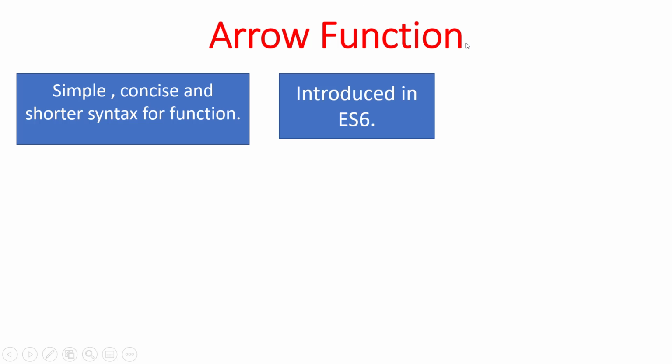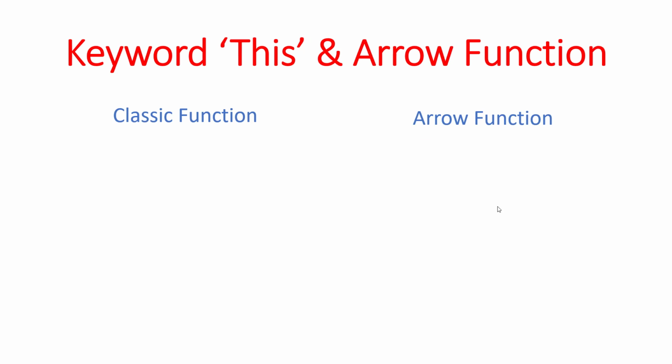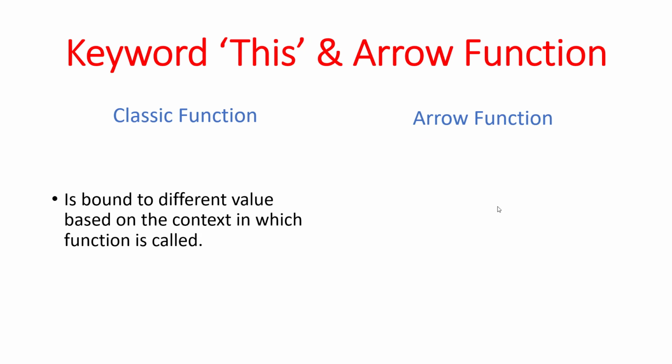If you have worked with JavaScript a bit, you probably know that the this keyword doesn't always refer to what you might have expected it to refer to when you write your code. So when you use this inside an arrow function, it will always keep its context, not change it surprisingly at runtime. In a classic function, this is bound to have a different value based on the context in which the function is called, and the context is the object that calls the function.